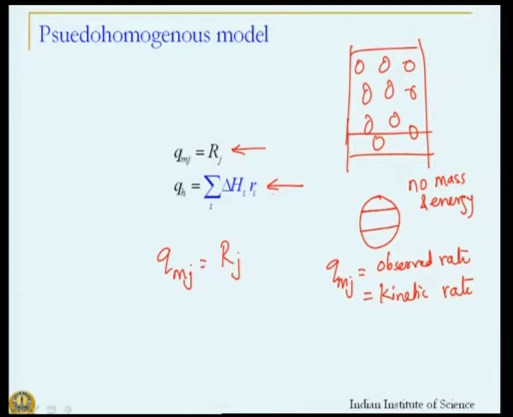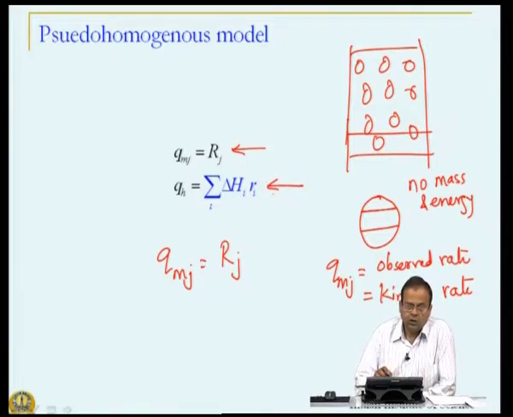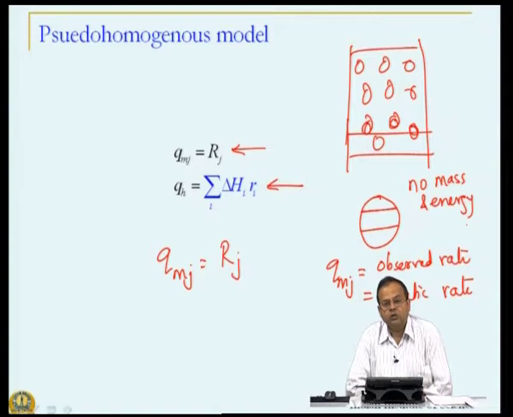So, what have we now assumed? We have assumed that even though we have catalyst particles, the diffusional and mass and energy transport limitations are not there.